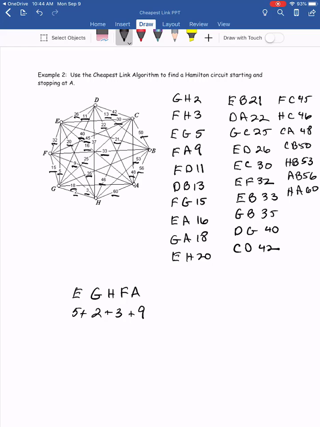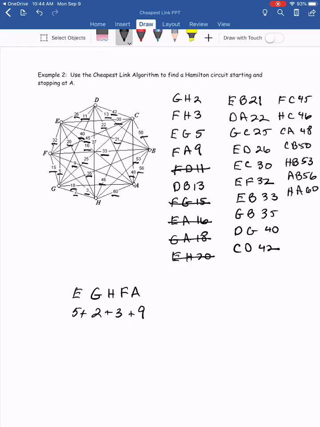So that's 9. But now F is used up, so I can't use that one. I want to use DB, but I'll have to go back to it because I can't link it up yet. FG, EA I can't use because it would create a circuit, so we have to cross that one out. GA won't work.